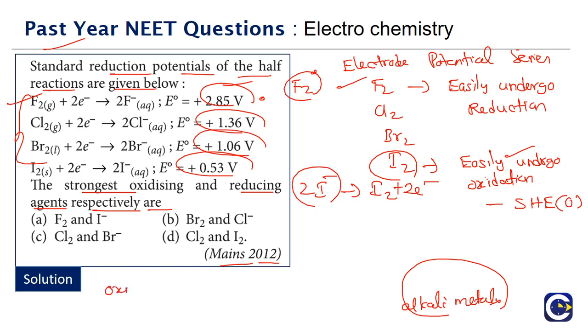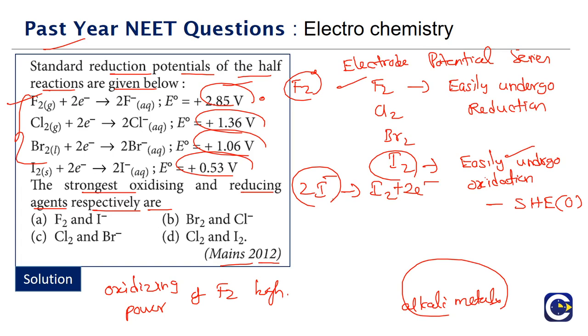The oxidizing power of F2 must be high. Because if F2 itself is undergoing reduction easily, it will be able to oxidize the other substances easily. Means the oxidizing power of F2 is high.